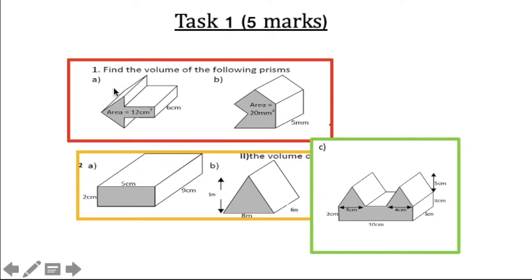Under task 1 there will be A, B, and then 2 A, B, C. And then there will be task 2. It might be just one task under task 2, or it will be subdivided into A, B, C, and D.